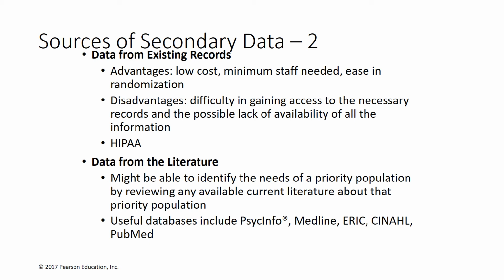This group of authors, when they were writing this manuscript, felt that these sources were important enough to include and to reference in the paper. Maybe you should take a look at those references and maybe secure some of them and review them, see if they may be a benefit to you. So databases: PsycInfo, Medline, ERIC.